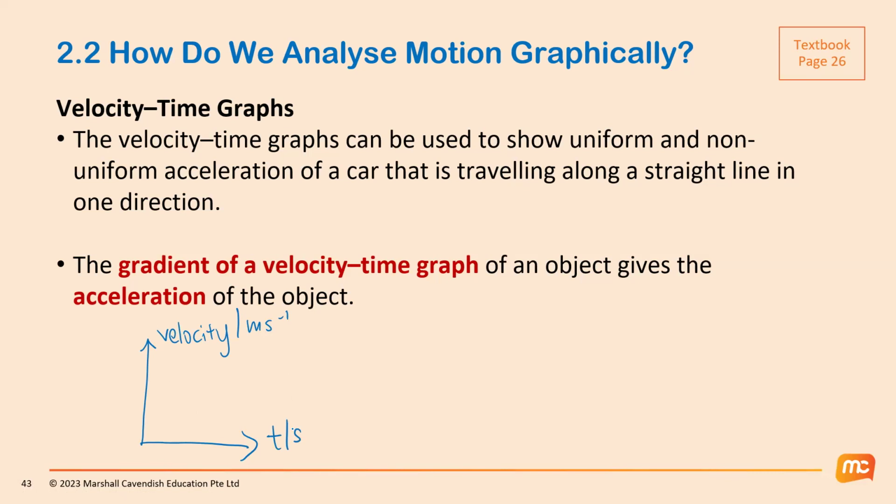Again, other than looking at the axes, velocity and time, whenever we are describing motion, we tend to describe the gradient. So the gradient of a velocity time graph is the change in y divided by x, which is the time. So the change in velocity for every second is actually the acceleration. So the gradient of a velocity time graph gives you the acceleration of the object.